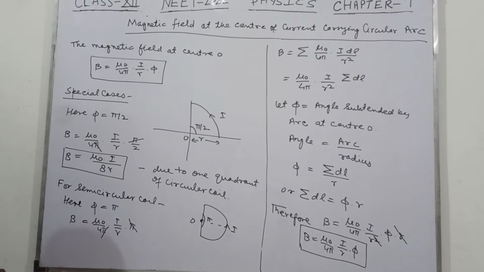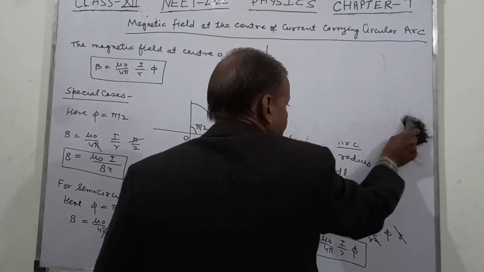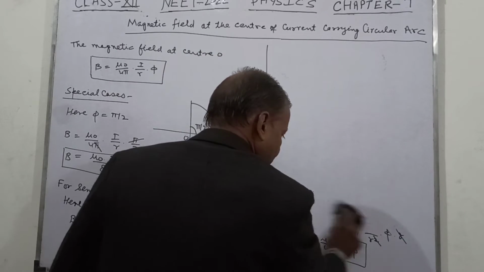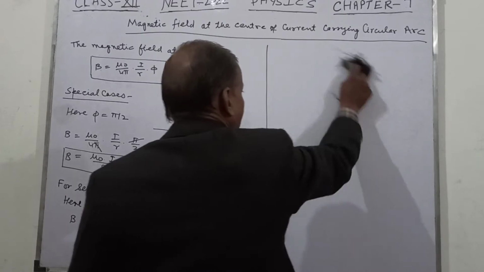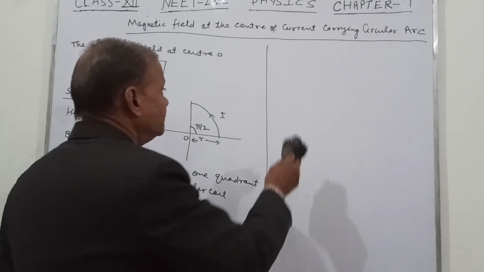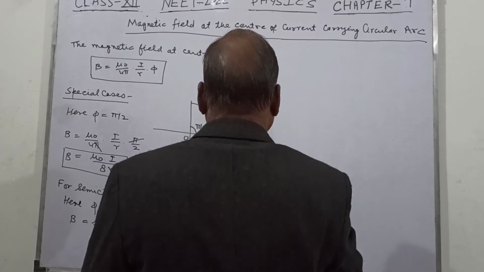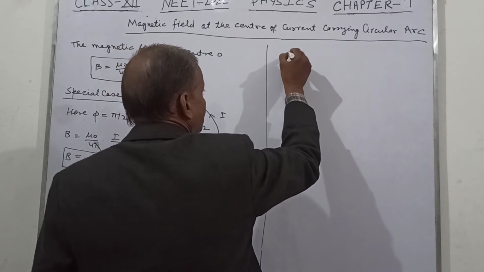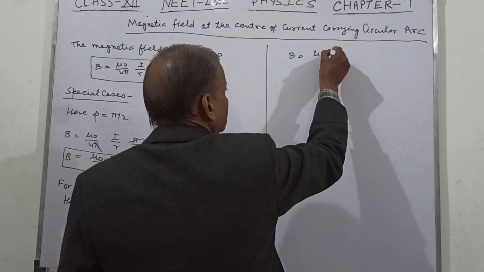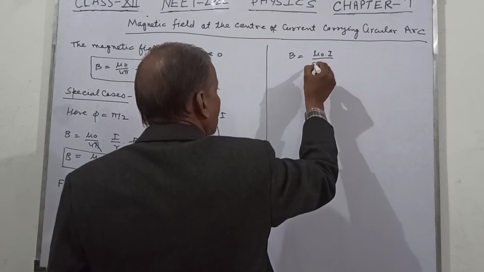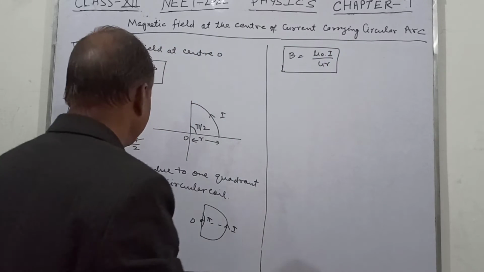This pi and pi will cancel. So this B is equal to mu naught I upon 4R.